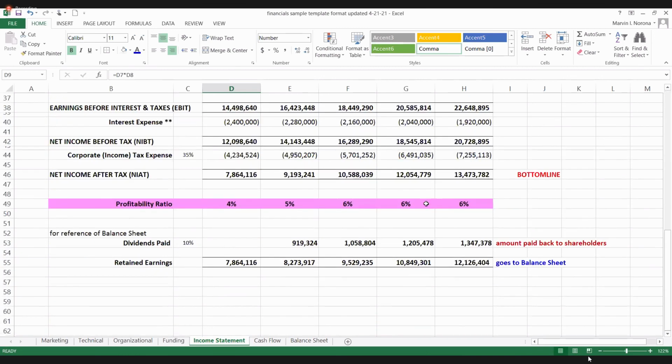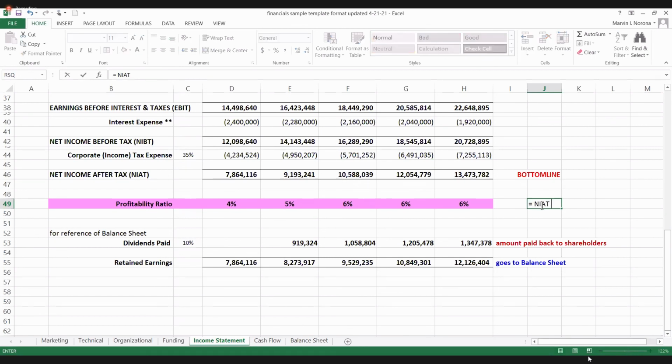Pwede natin lagay yan dito, is equal to net income after tax divided by sales revenue. So all of these entries have an indication where to get them from.